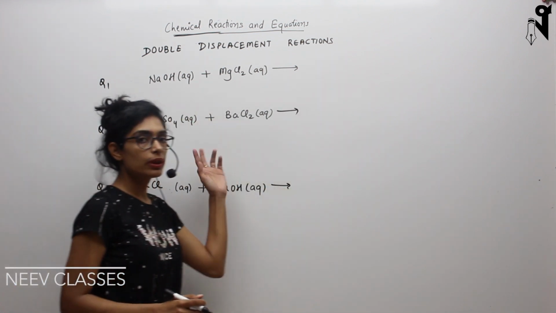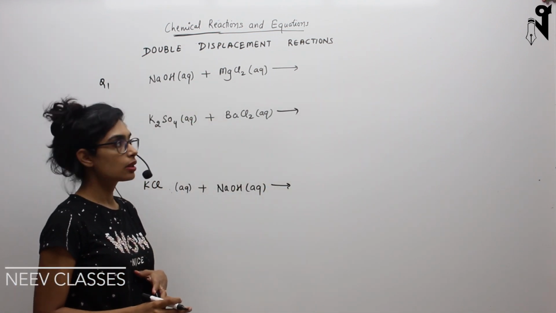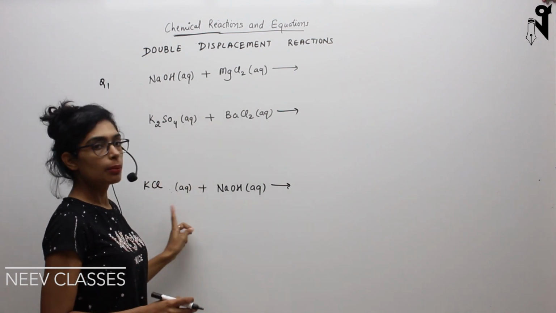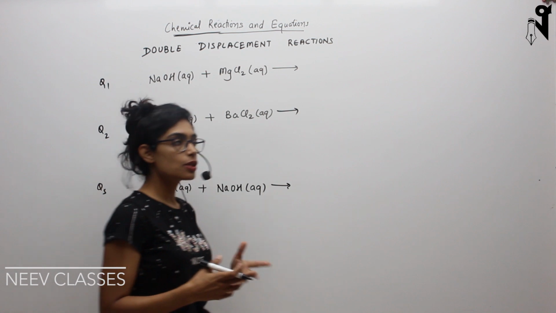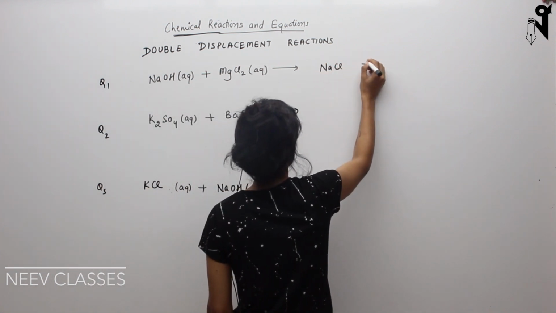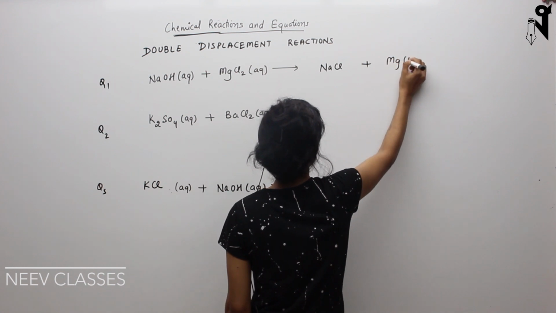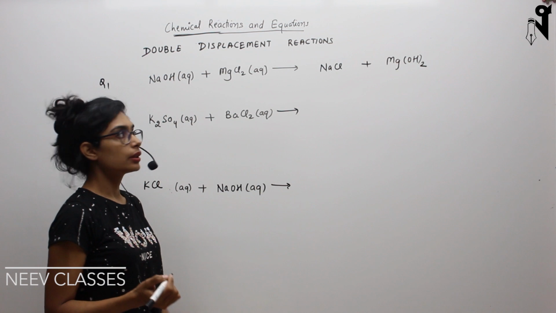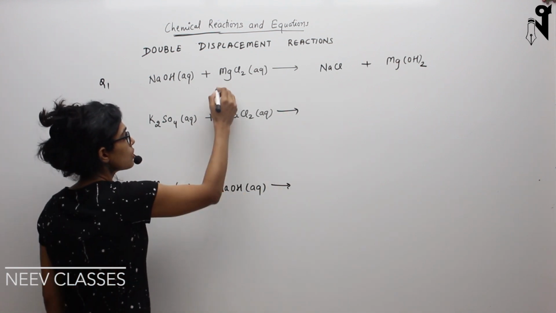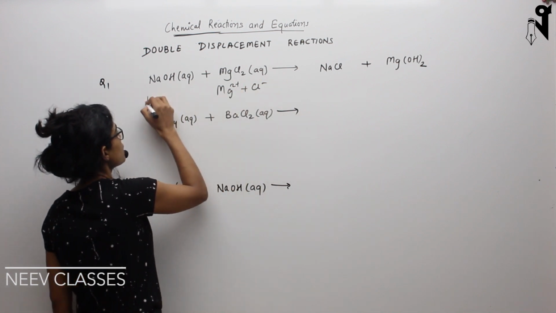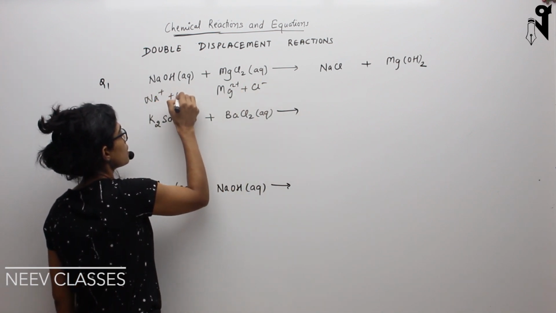So now let's quickly discuss. I hope you must have done this by now. So now what we'll do is we'll write the probable products and we'll see whether the reaction is possible or not. So here, if I do the double displacement, I'll get NaCl plus Mg(OH)2. This is what the products I'll get because Mg will break down as Mg2+, chlorine will break down as Cl-, this is Na+ and this is OH-.